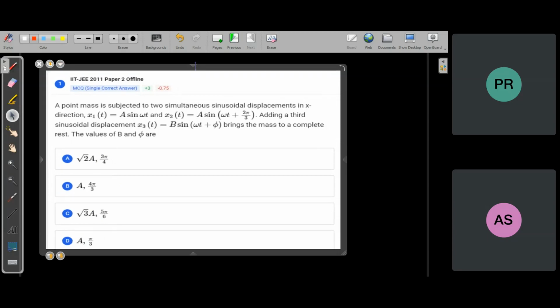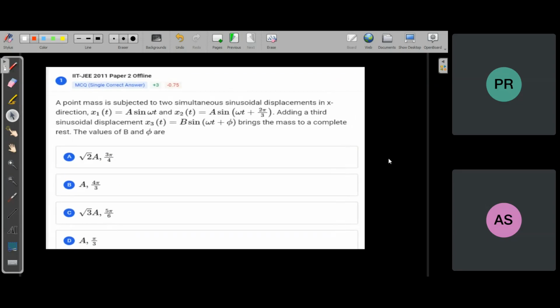So IIT JEE 2011 paper 2. So here you have to see that when the same mass is subjected to two or more simultaneous sinusoidal displacements, you have to understand that each equation of displacement is an equation of SHM.